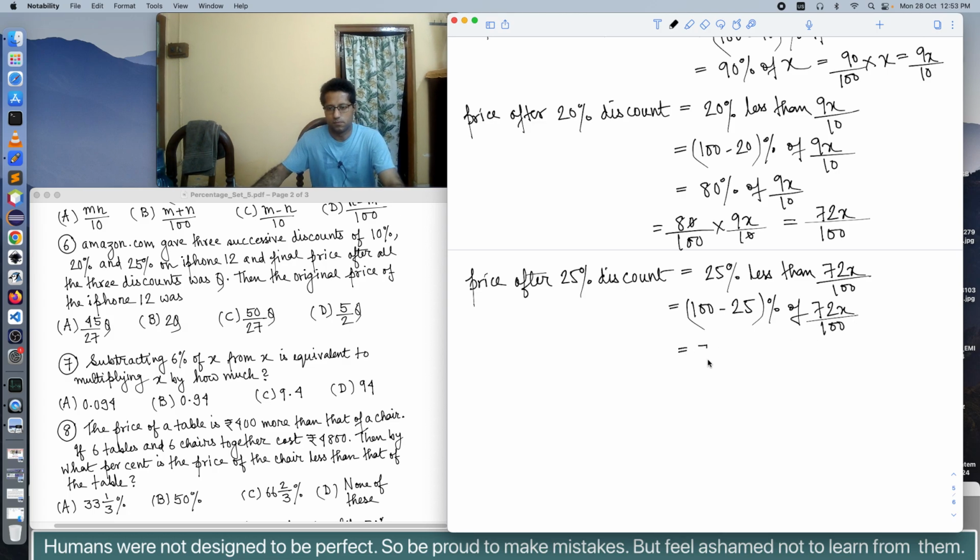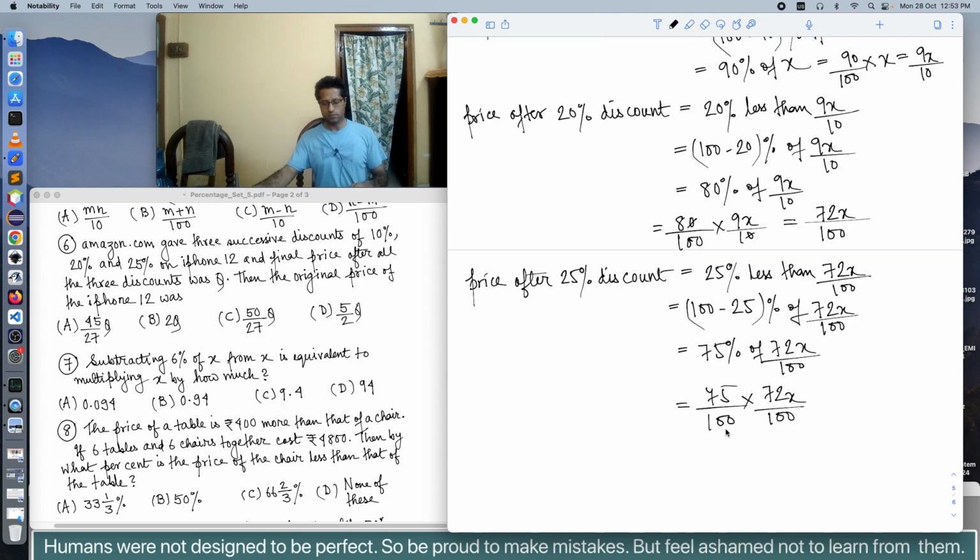This is equal to 75% of 72X by 100, which is 75 by 100 multiplied by 72X by 100.